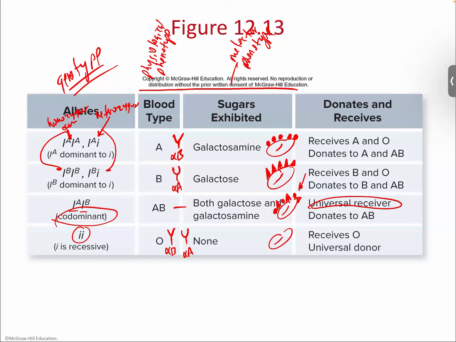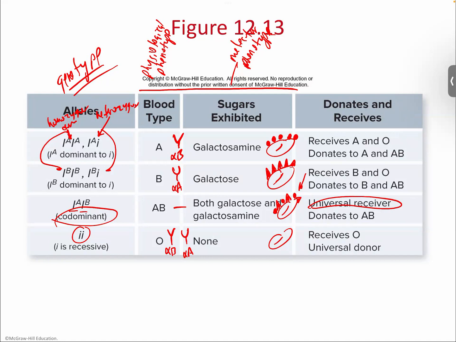But it can only donate to itself. So AB is a miserable donor, because you can't really save anybody other than another AB. So what about O? Can O take A blood? No. Can it take B blood? Can it take AB blood? Can it take any blood? Only from other O's.